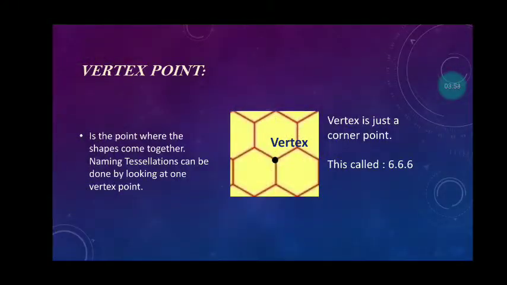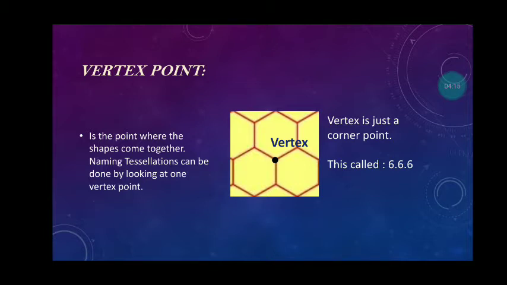So, let's continue. Vertex point. Before we tackle the second type of tessellations, I want to share how we know that these kinds of shapes are tessellations. The vertex is the point where the shapes come together.